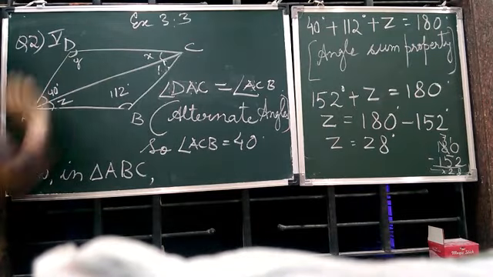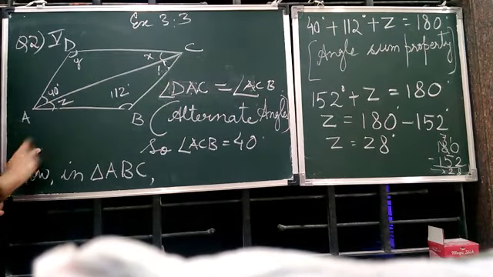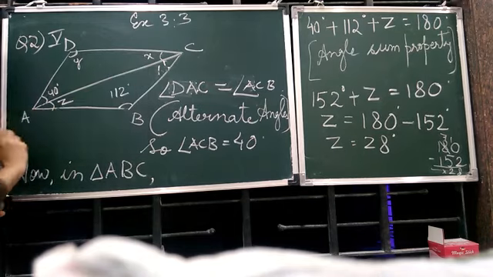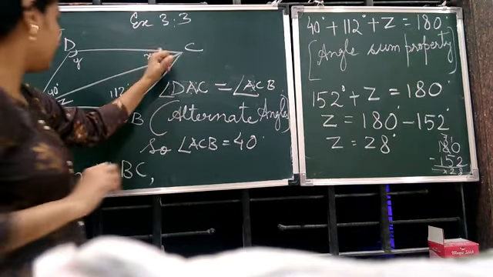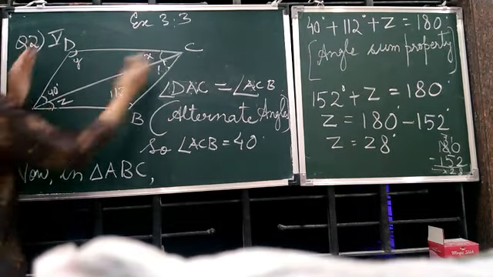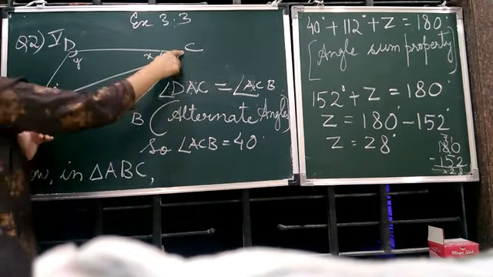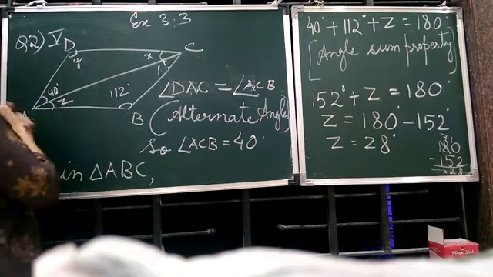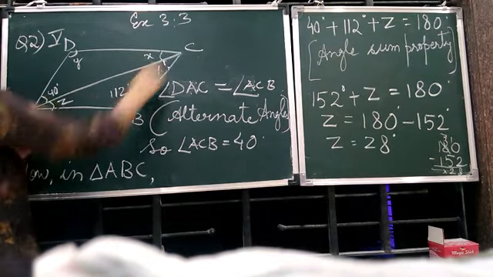So X will also be 28 degrees. Why? Because they are again alternate angles. You can see they are in between the parallel lines and a transversal is there, and also the formation of Z like this.